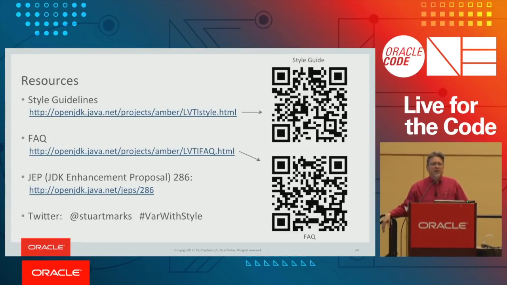Okay, the question was about type inference, and if you reassign a variable and they both implement the same interface. So there you have to start to think about exactly what type is inferred. If I had an example, var list equals new ArrayList, then the list variable would have type ArrayList.